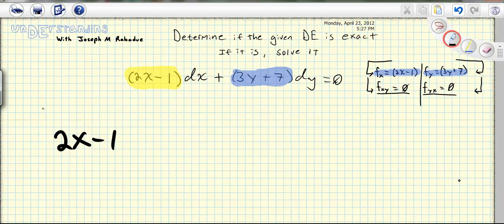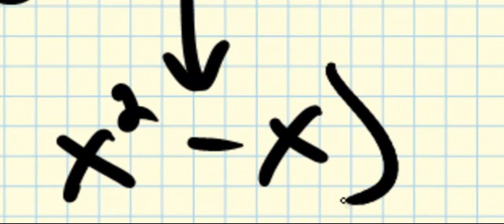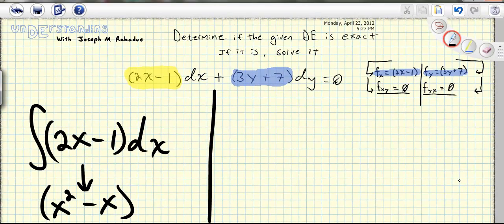So we take the integral of 2x minus 1 dx. Well, we know that 1 is going to go to x, and we know that 2x is going to go to x squared. So the integral of that, or the antiderivative, is x squared minus x. Okay? So now that half's done. And this is really how simple these are. I mean, a lot of people overhype these.